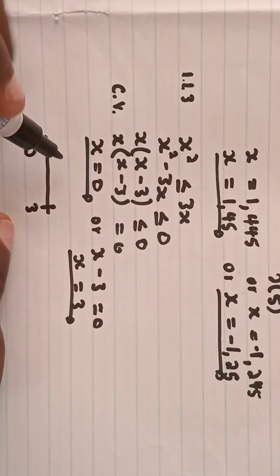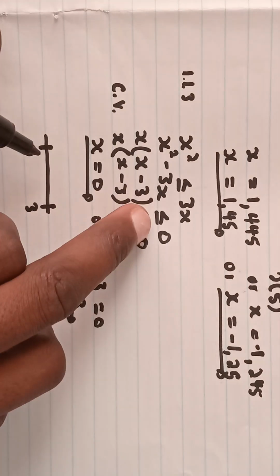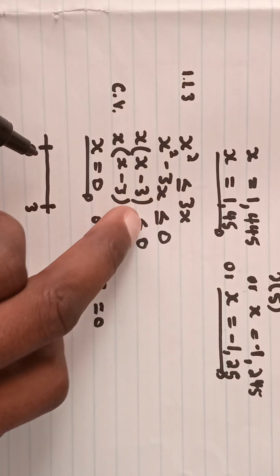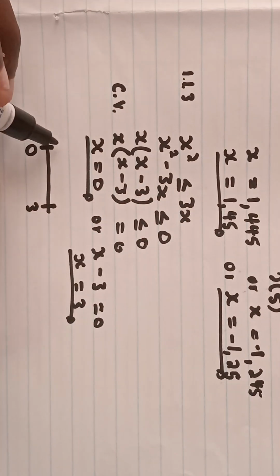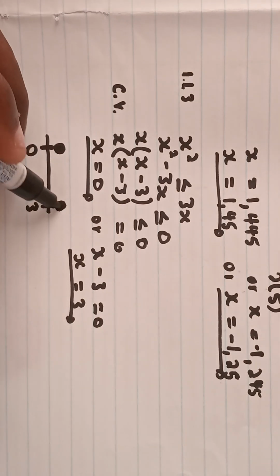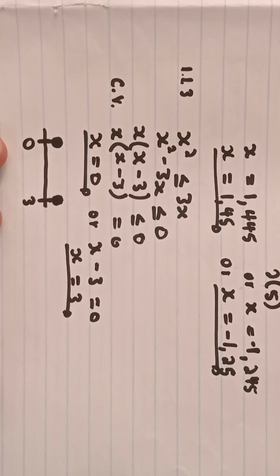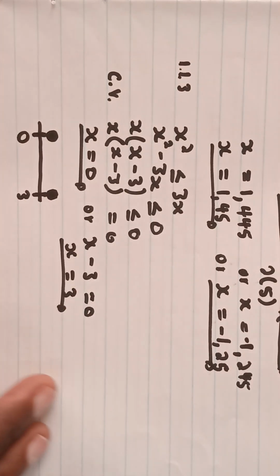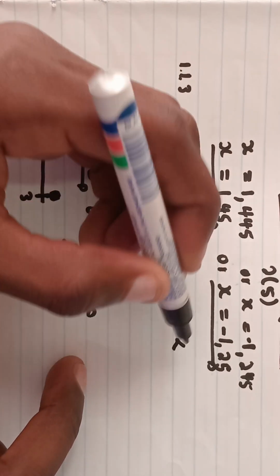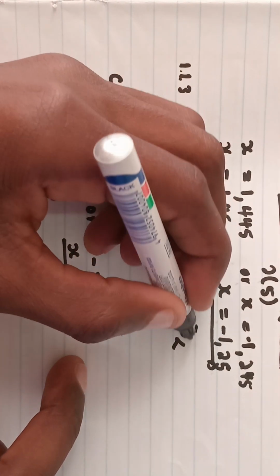So now, since this inequality sign is less or equals to 0, we have to shade our circle here, shade our circle even here. So let me give you this one, guys. When we see the inequality sign pointing that direction, it means that our solution is in.